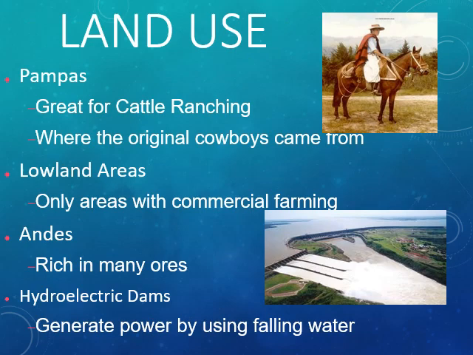Throughout the area, there really isn't that much farmland because of the mountains and all kinds of different weird physical regions that are happening, and so there's a little bit, but not a whole lot.